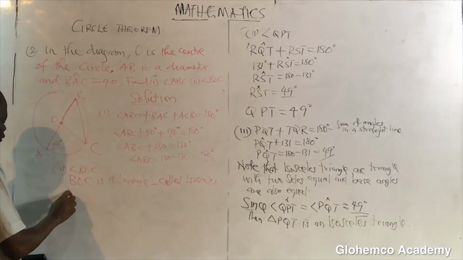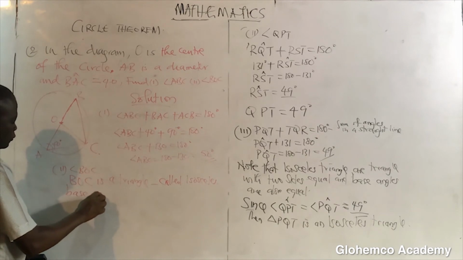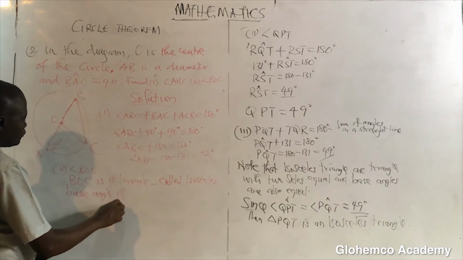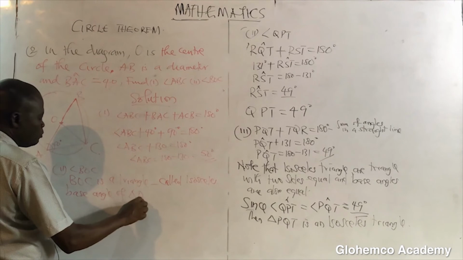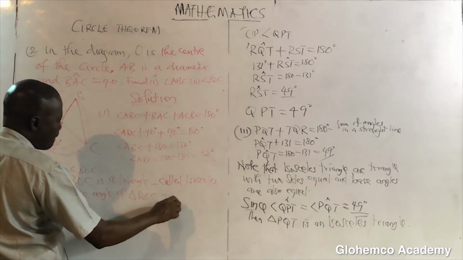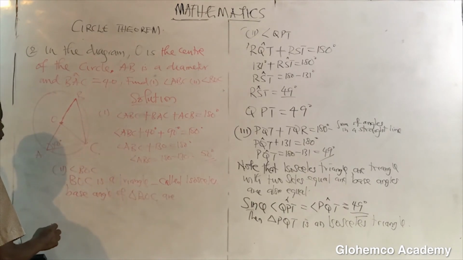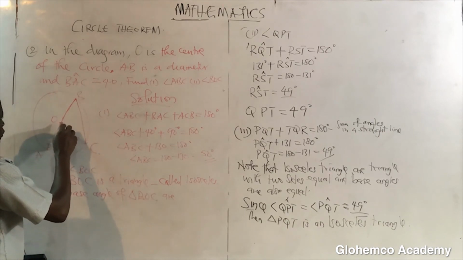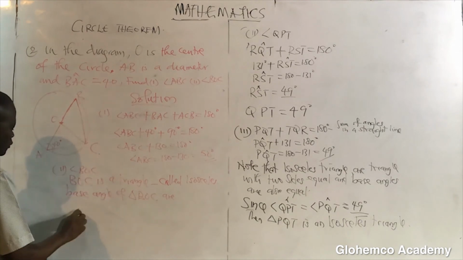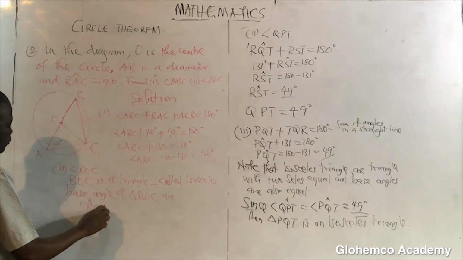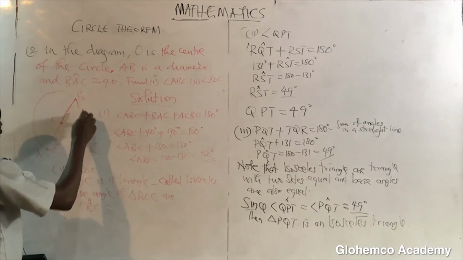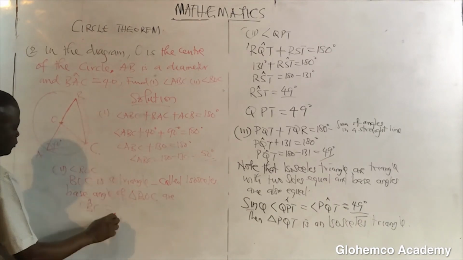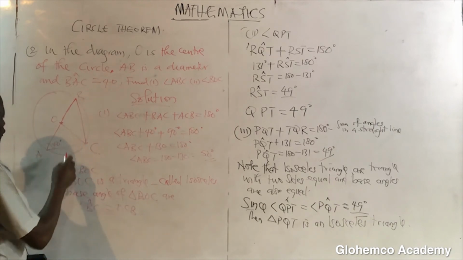The base angles of triangle BOC are OBC and OCB.